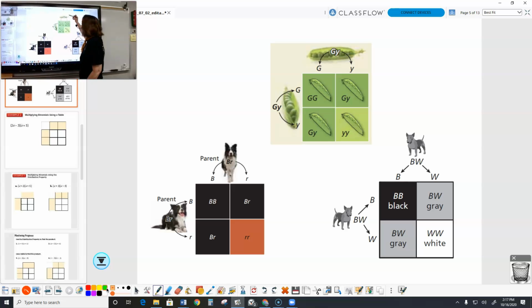And so let's say we have a pea plant, and it is a capital G, lowercase y pea plant. And he crosses that with another capital G, lowercase y pea plant. All right, so what we do is we take the letter from here and bring that down, and we take the letter from here and bring it across, and we get capital G, capital G. And then we do the same thing here.